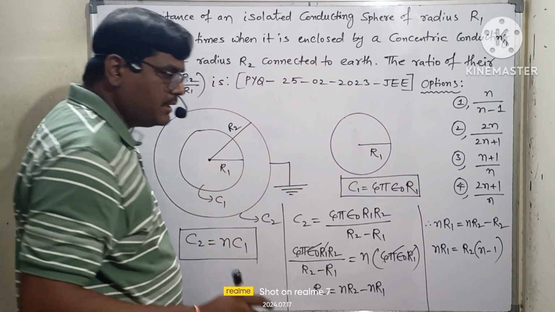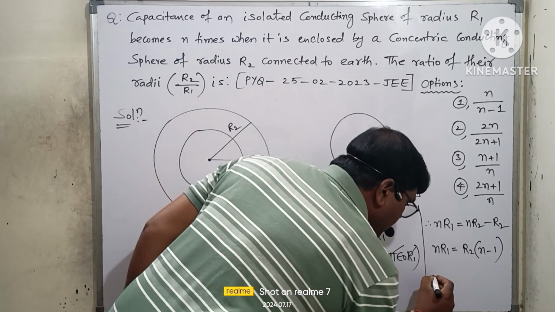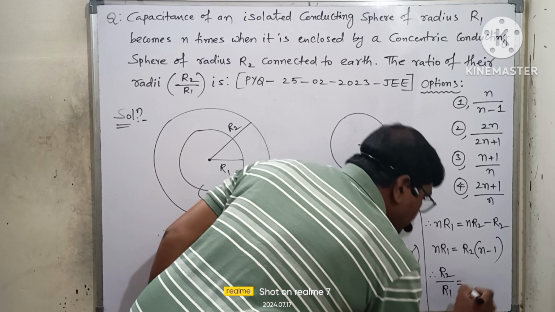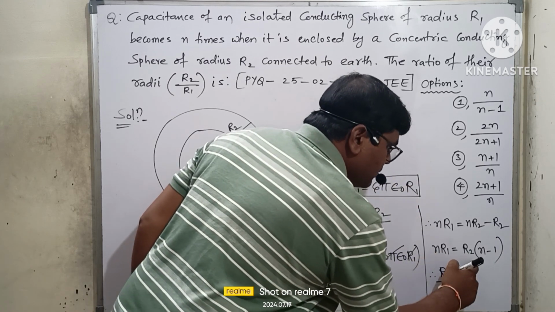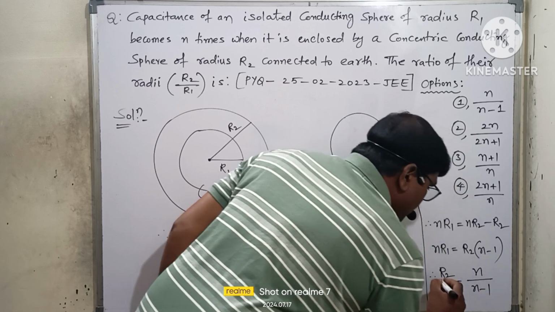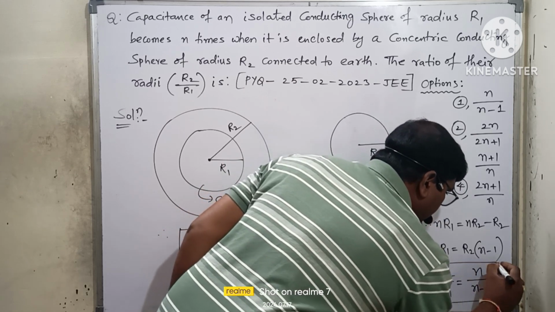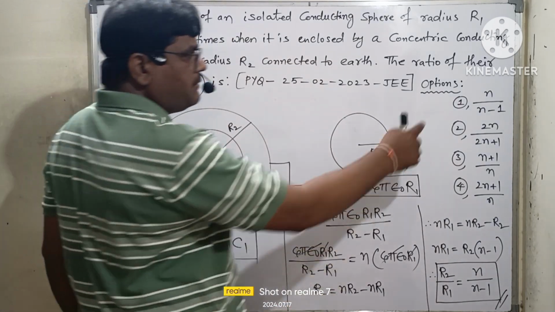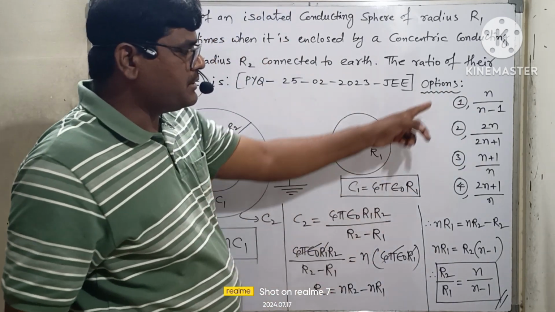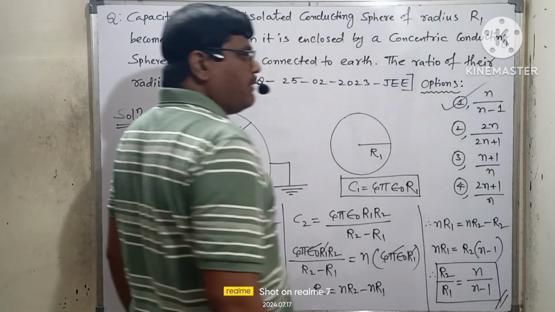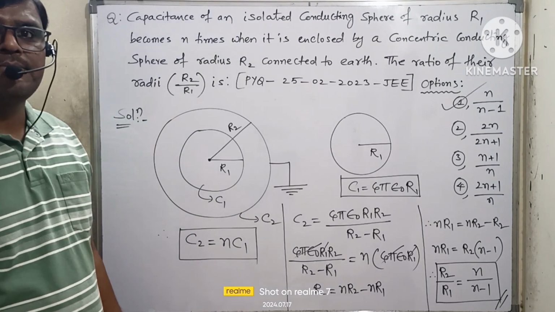Bring it to this side. So finally R2 divided by R1 is equal to n divided by n minus 1. This is the final answer for the ratio R2 by R1. If you see the options, we can choose directly. Here you are, the first option is correct.